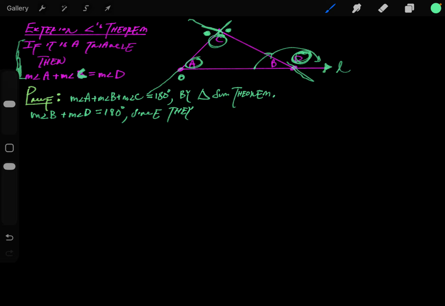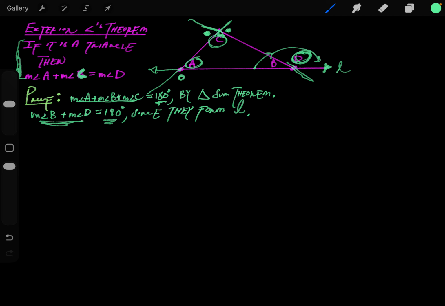Since they form line L, okay? Now I have that this is equal to 180, and this is equal to 180.